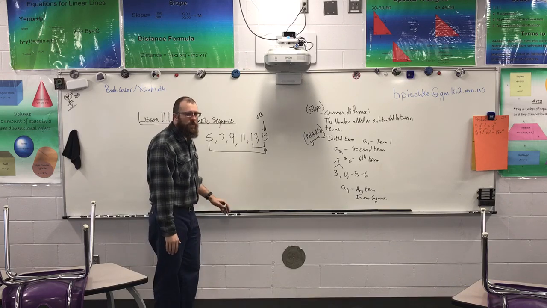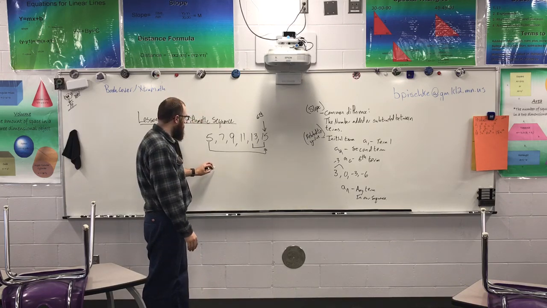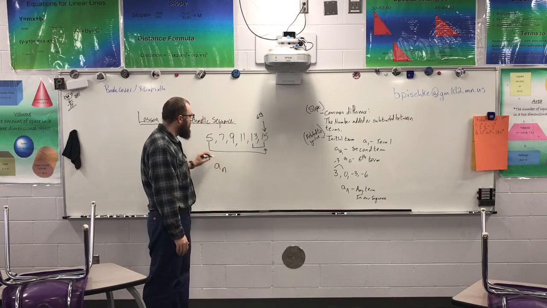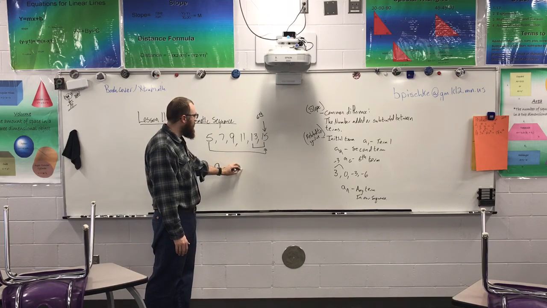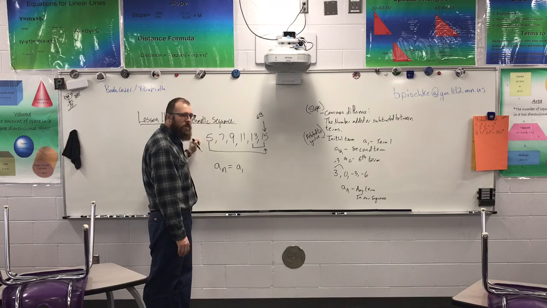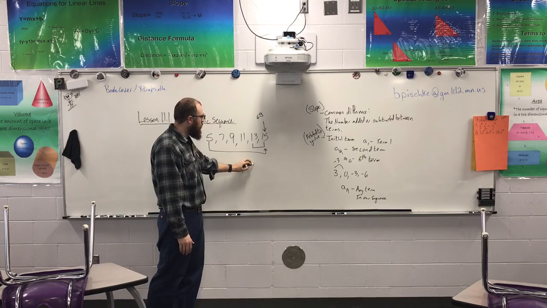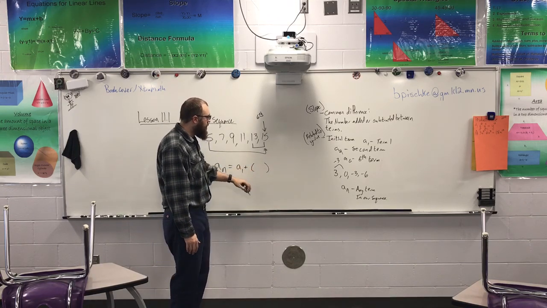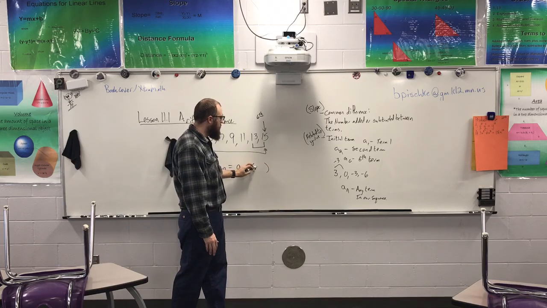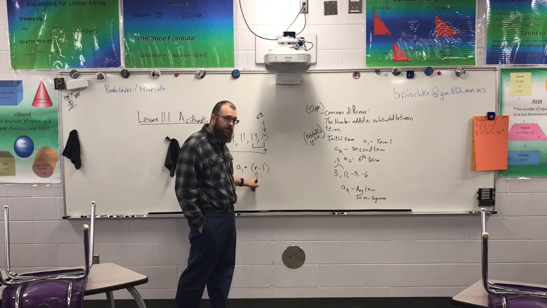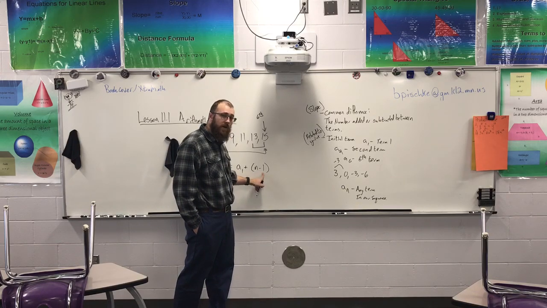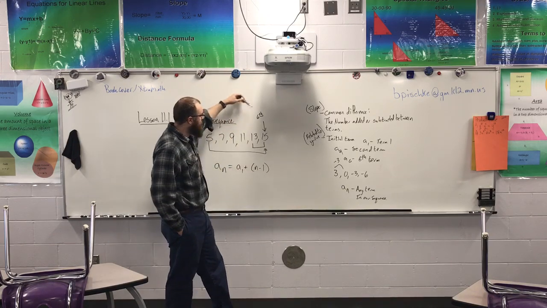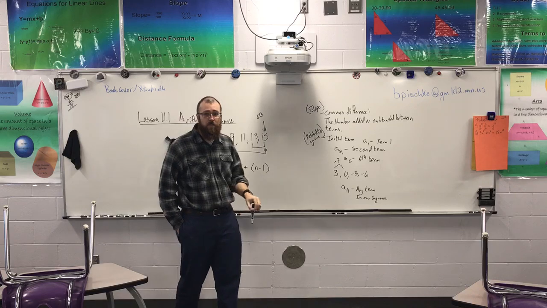And there's where our formula ties into all of this. To find any term, a sub n, we need our first term, and then we're going to add the number of jumps that we make, which is the term we're looking for, minus 1, because if I'm going to the 6th term, I've only actually moved 5 places.